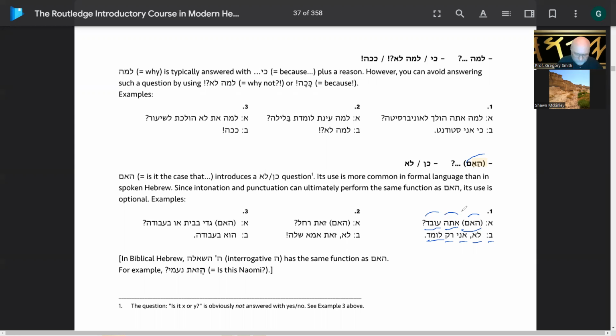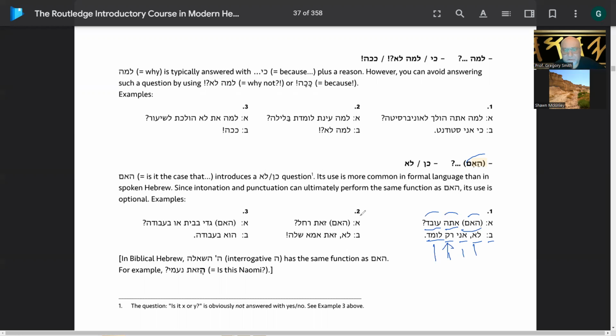Lomed. I'm only studying. So we have lo ani rak lomed. I think rak means only. Let's double check it here. Yeah, that's right. Rak.